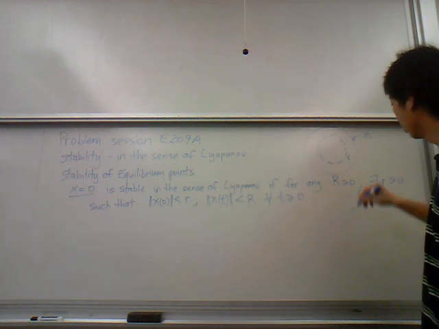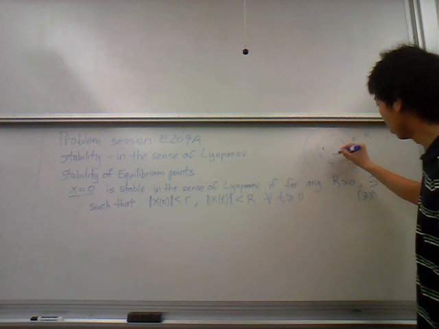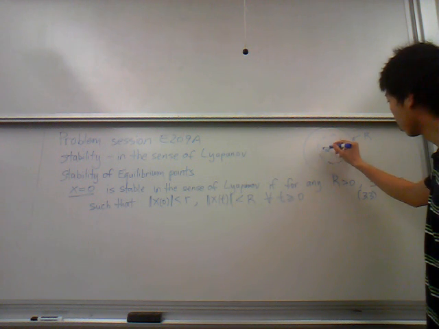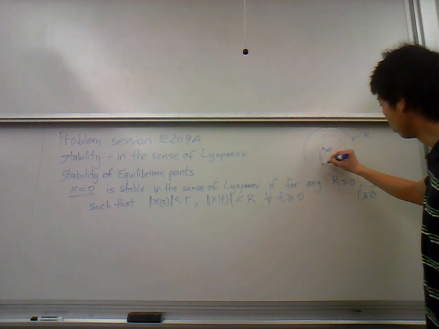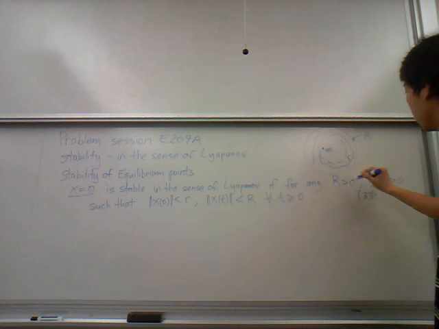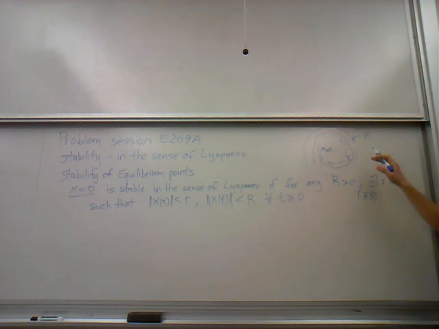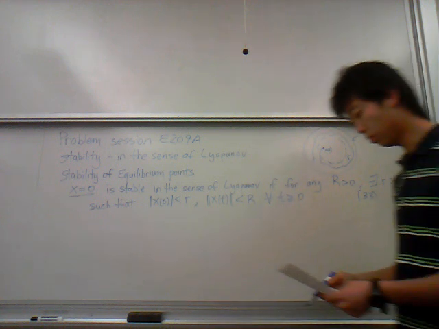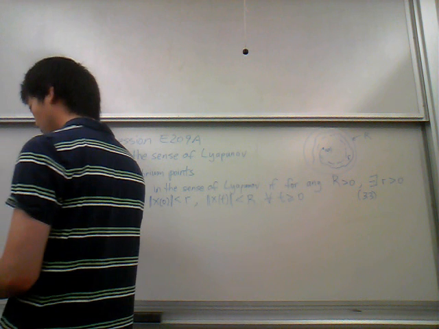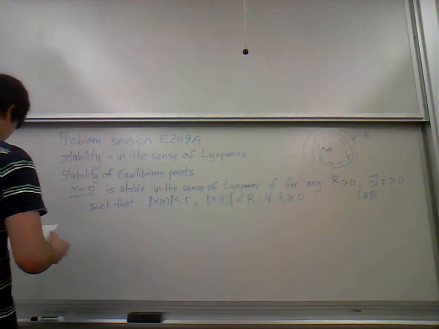So that if we start x in the smaller r, then it's going to do something, but it'll always be within the big R. So this is Lyapunov stability.